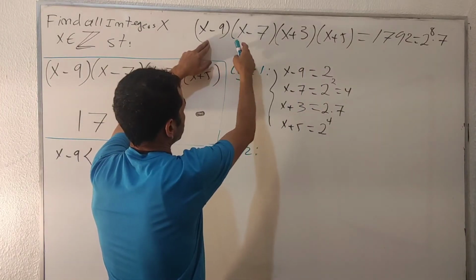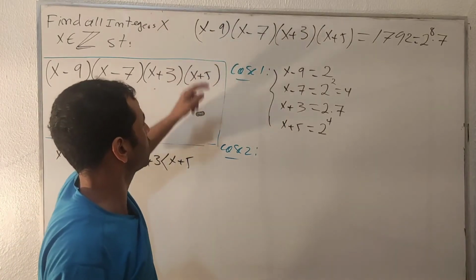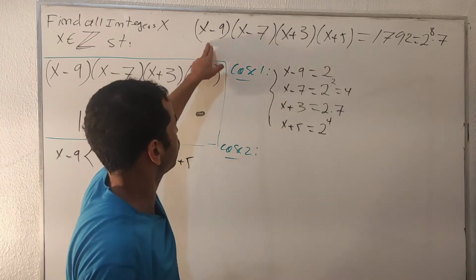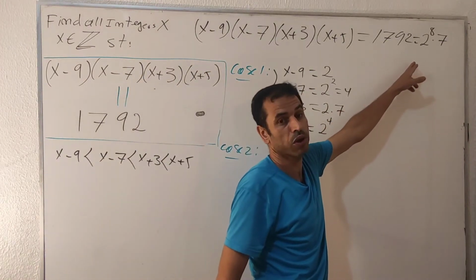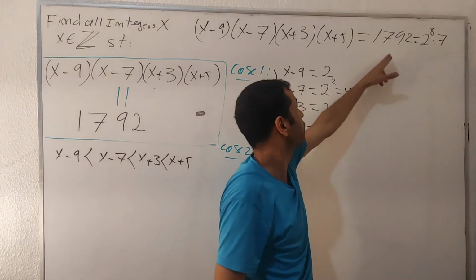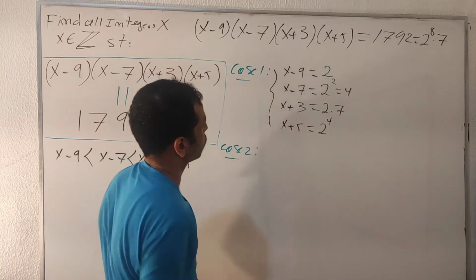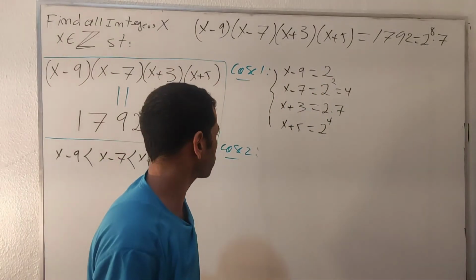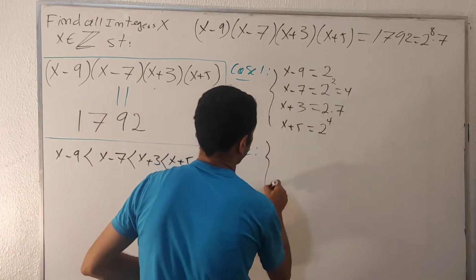We cannot pick a negative number for an individual term here, because if one of these is negative, it is going to change the sign of the product. Since the product is positive, we must take both terms negative or both terms positive in order to have a positive value.